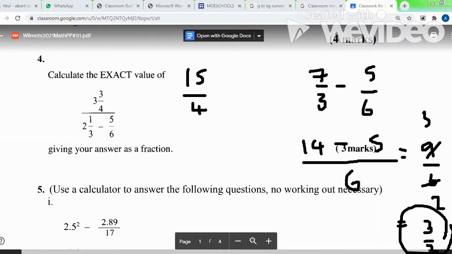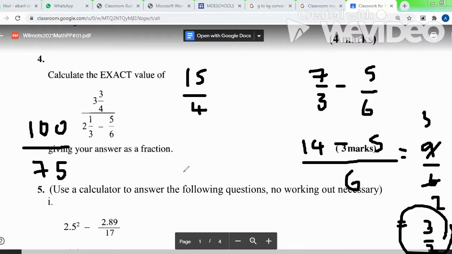So when you cancel, suppose I have 100 over 75. How would you reduce that? Number one, you look for the highest common factor.